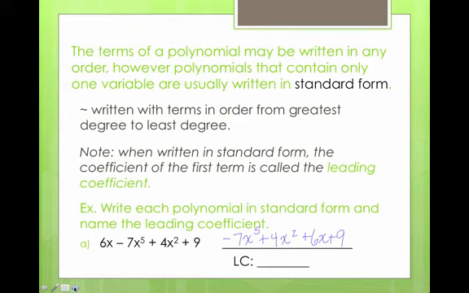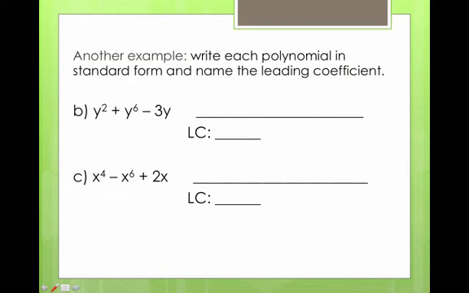And my leading coefficient then is the coefficient out here in front of my highest degree term, and that's going to be negative 7. All right, so you can try these out. Pause your video for a second and come up with the standard form and leading coefficient.